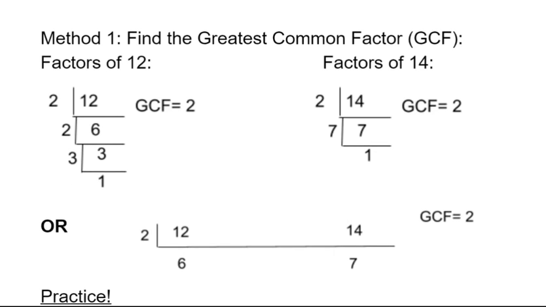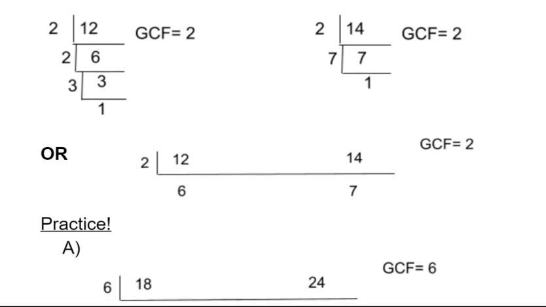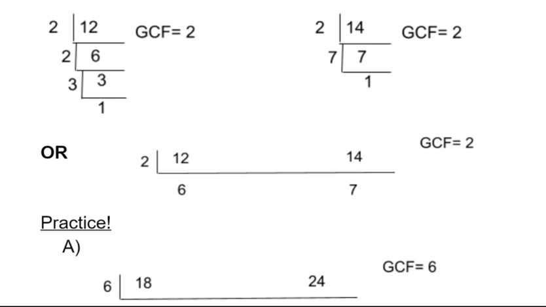I could do it that way, but I could also combine the steps instead of finding the factors individually. I could put 12 and 14 beside each other, and I could say, okay, which number would be divisible for both of them? Let's start with 2. So 12 divided by 2 is 6, and 14 divided by 2 is 7. Now, 6 and 7, which number can be divided into both of them?